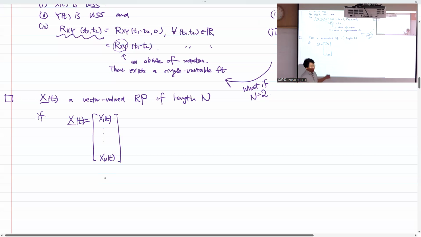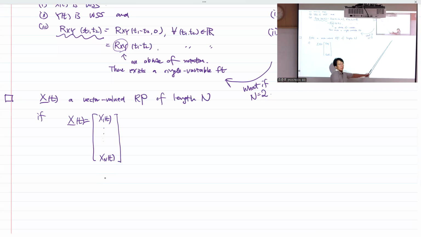So by putting all the jointly wide-sense stationary random processes together, you may have a single vector valued random process. So as an educated person who learned linear algebra, whenever you have more than one something, put them in a vector, and you have a very, very nice compact notation.